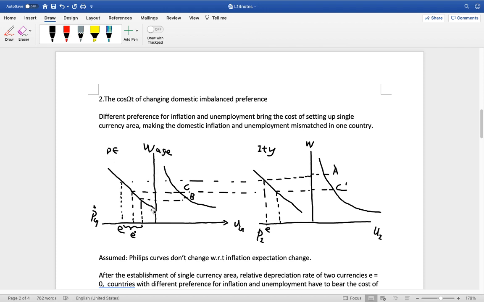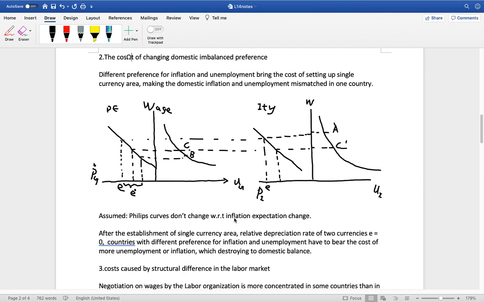The vertical axis denotes the wage, and Italy is on the right side, which denotes the same, with the y-axis as the wage and the x-axis denoting the price. The left side is the price change, and the right side of the origin denotes the unemployment for these two countries.